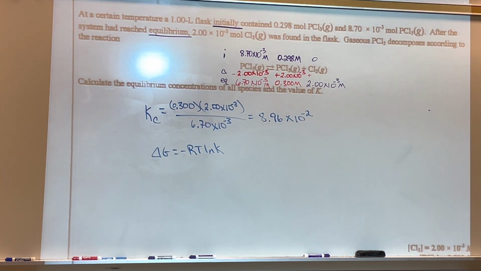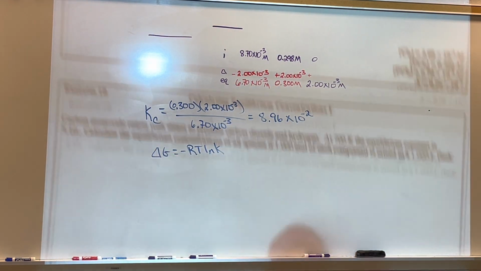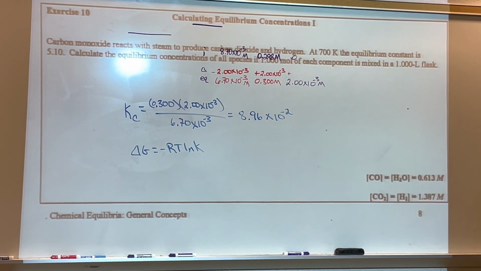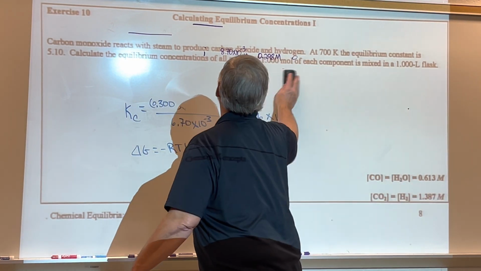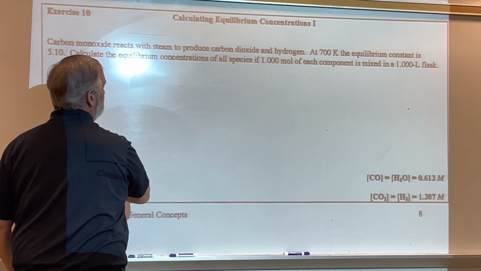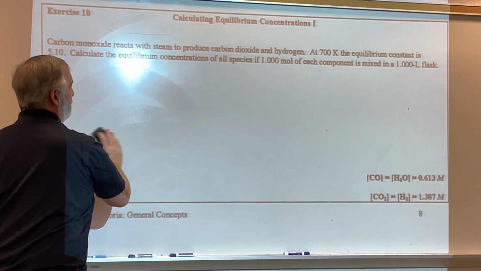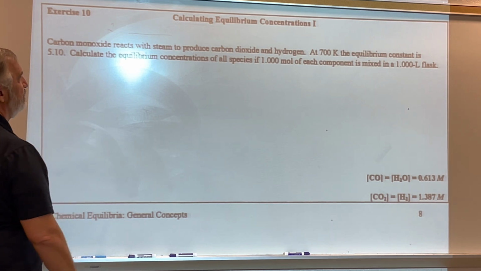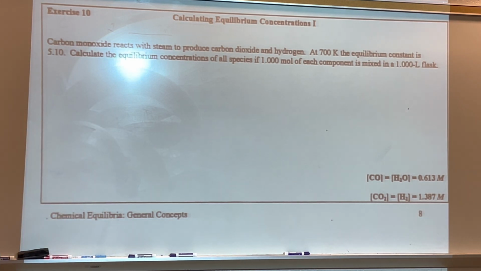Let's just keep going through the notes here. Let's keep filling out the notes since these will give you good things to study. Let's do this one. I think these are all the pages I skipped originally, weren't they? React with steam.